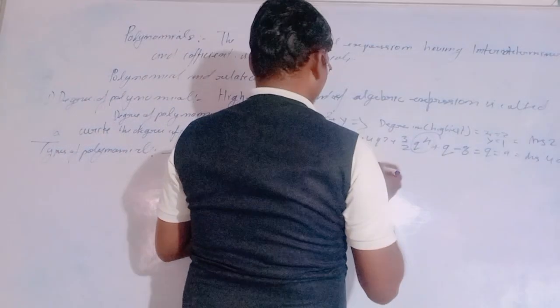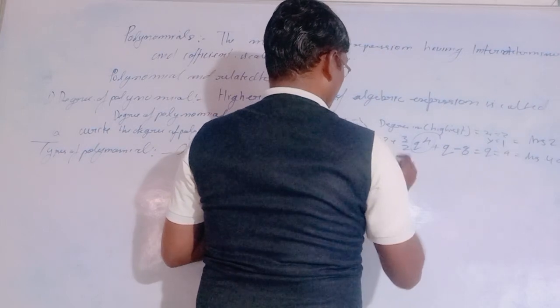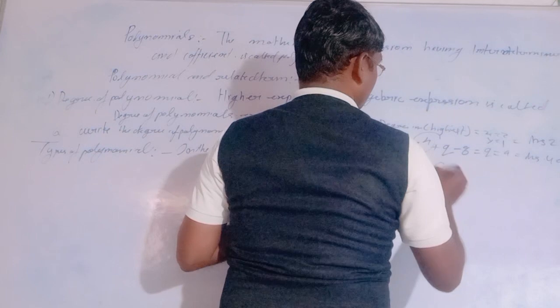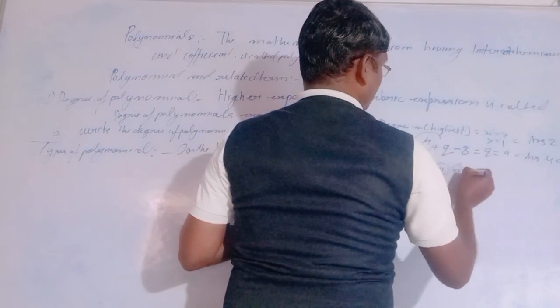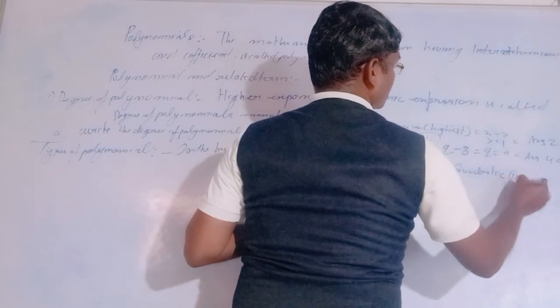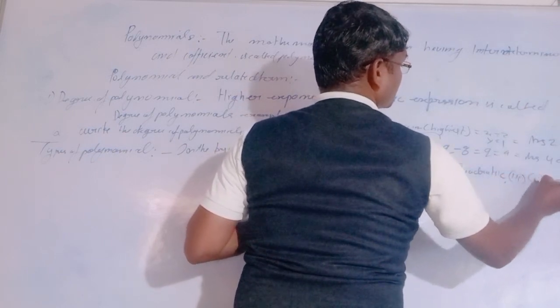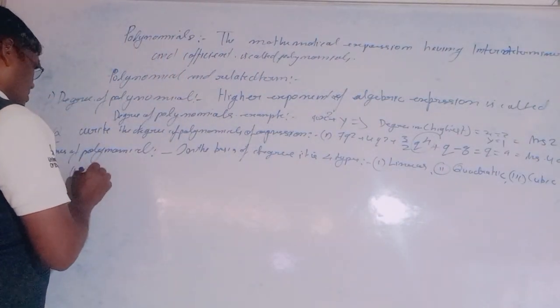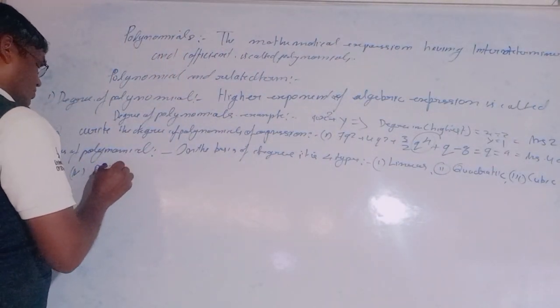First, linear. Second, quadratic. Third, cubic. And the fourth is biquadratic.